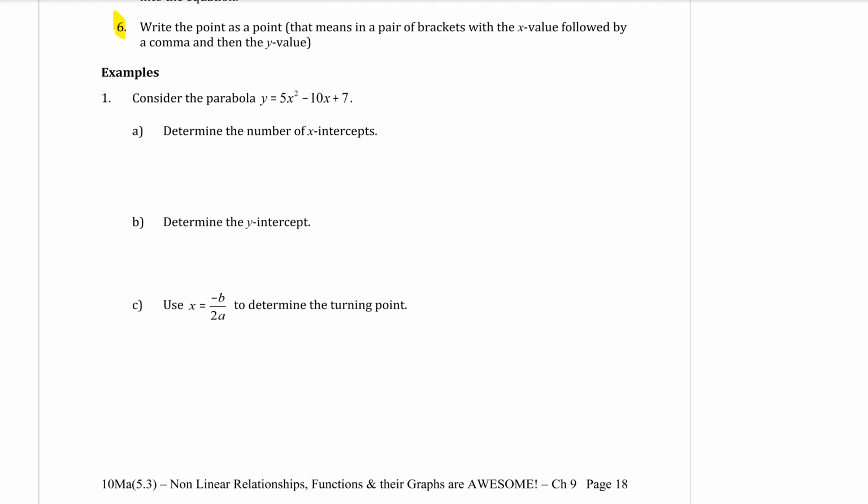The discriminant is equal to b squared minus 4ac. For my equation, a is 5, b is minus 10, and c is positive 7. So when I substitute those in, I have minus 10 squared minus 4 times a, which is 5, times c, which is 7.